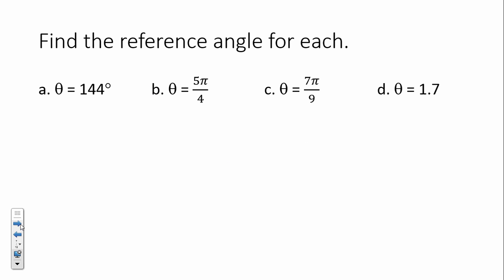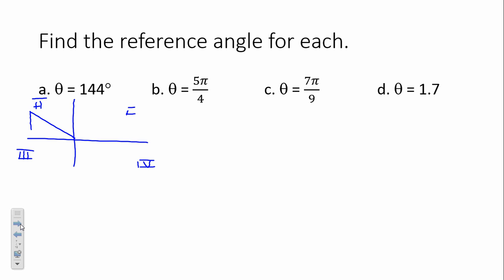Okay. Let's work on a couple problems. Find the reference angle for 144 degrees. Sketch a quick axis, a coordinate plane. 144 is where? First, second, third, or fourth quadrant? Second quadrant, okay? So it's going to be a little more than 135, right?